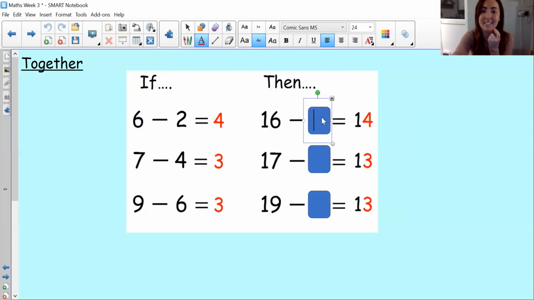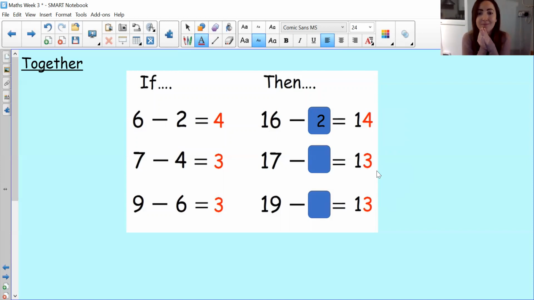That's right, 16 take away 2 equals 14, because the ones are the same. 6 ones take away 2 ones is 4, and the 10 is on top.